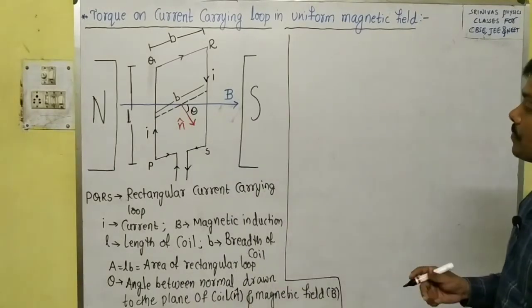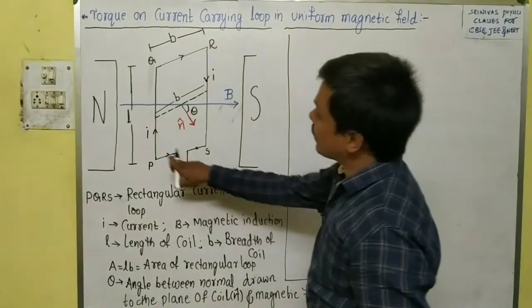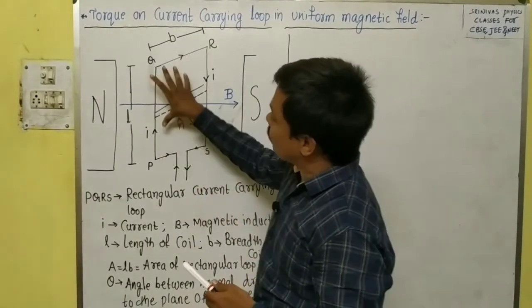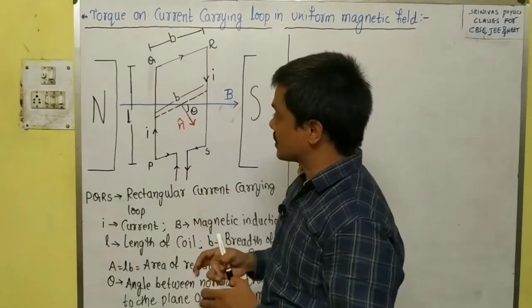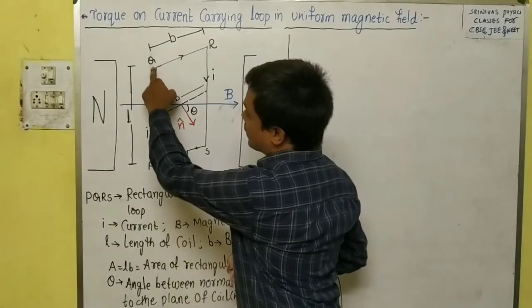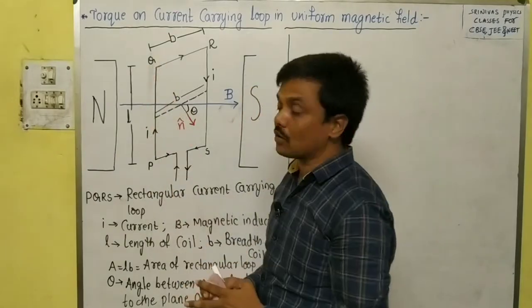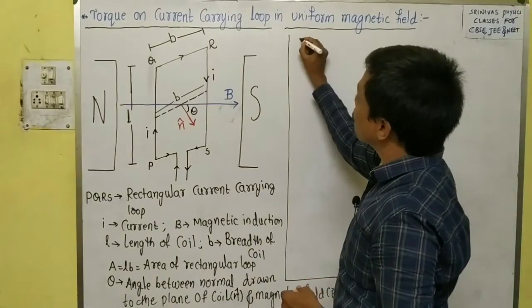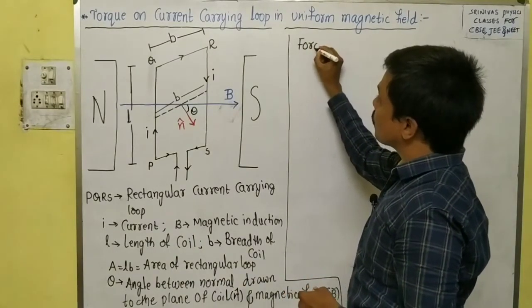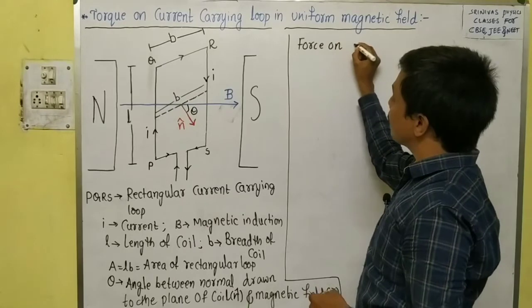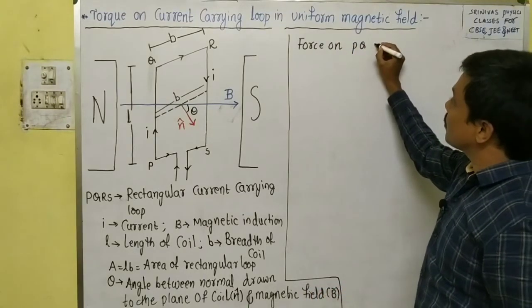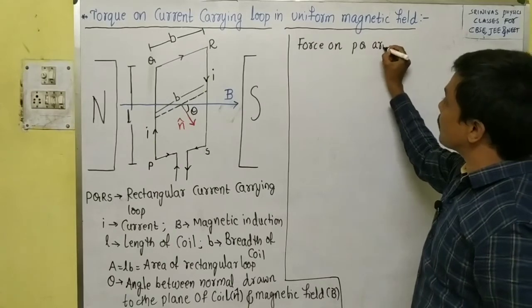Now let us see, when a rectangular current carrying loop is placed in the magnetic field, on each wire some force will act. Look at here, on the PQ branch of wire some force will act, and what is its direction, I want the force on the PQ arm. What is the force on the PQ arm?